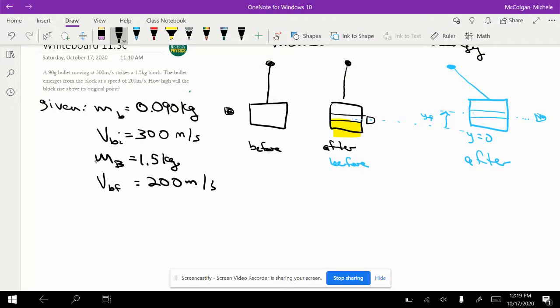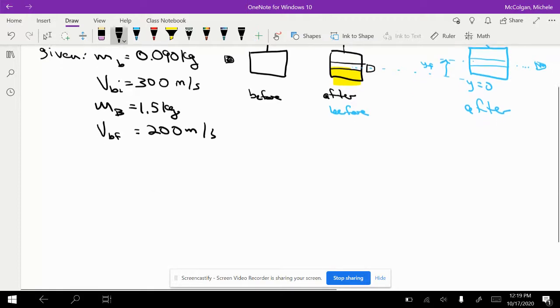So since the tension in the rope is there, it's going to rise to a certain height. Okay, so we're going to start first with momentum. We first need to find the V of the block final from the momentum equation. And then for part B, we need to know the y final of the block, and we're going to do that from energy.